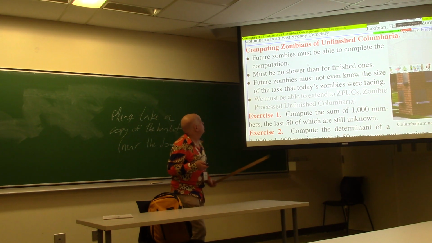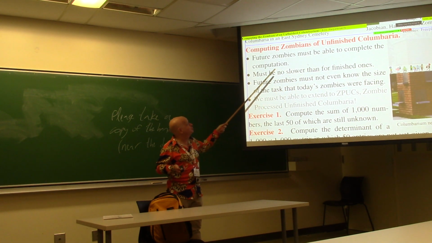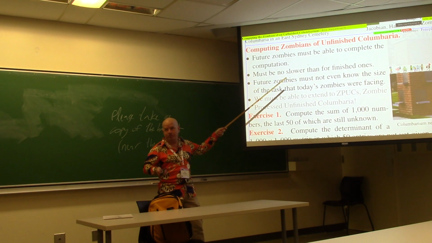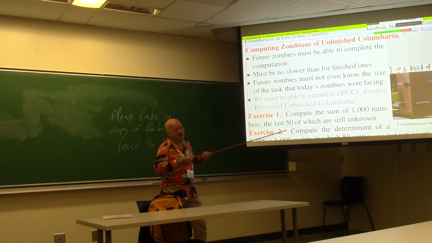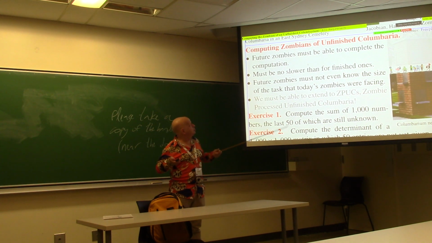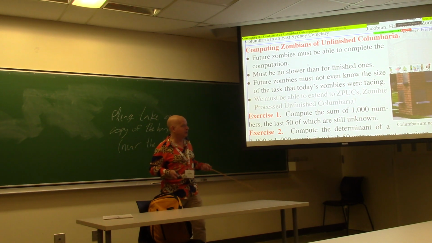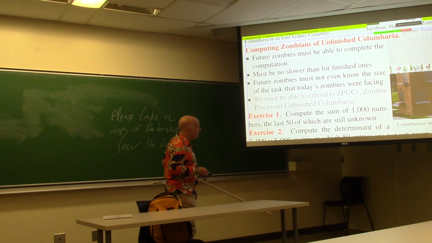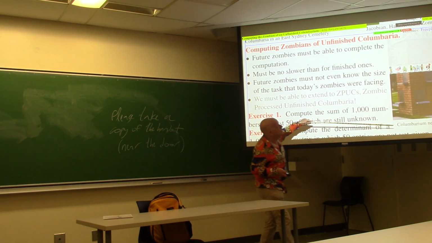I also want to give some constraints. First, the future zombies should be able to complete the computation when the information is completed. Second, whatever you do for unfinished Columbaria should not be much slower than what you would be doing for a complete Columbarium. Otherwise, what's the point? You'll just wait until the Columbarium is finished. I'm thinking of it as a gradual process.